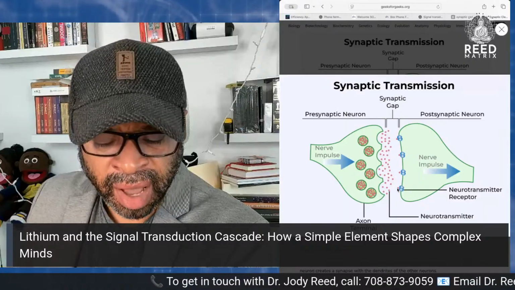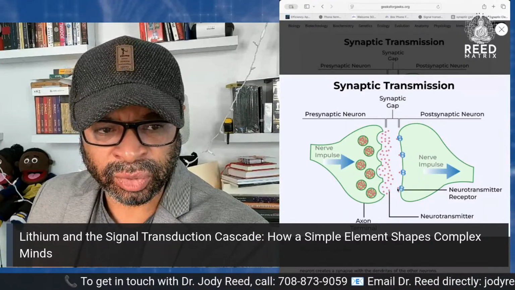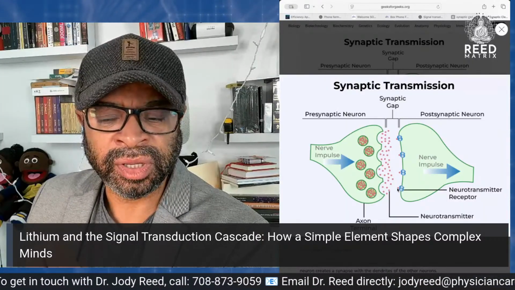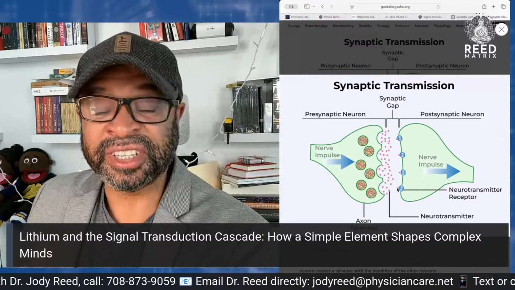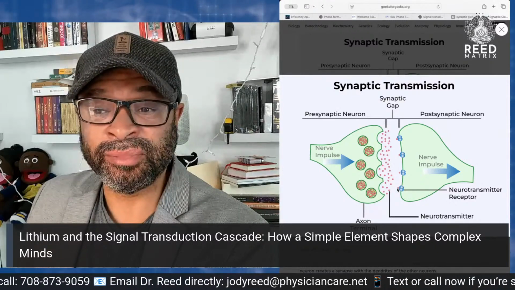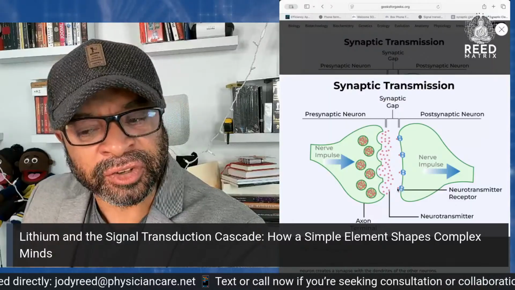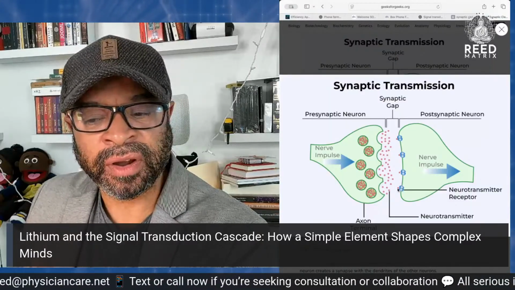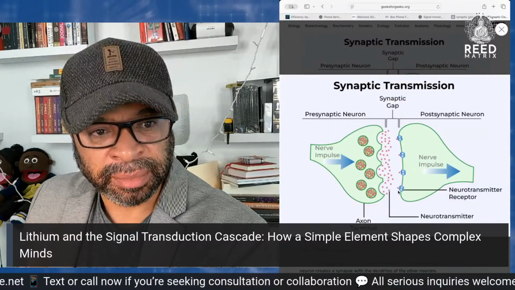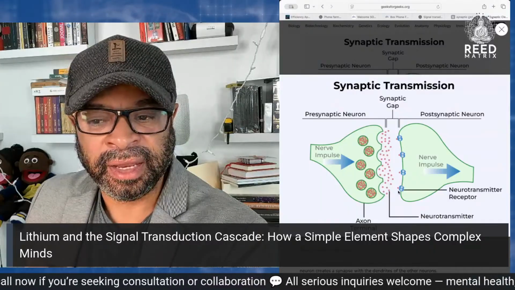So this molecule is binding to the receptor to translate a signal to the cell body to produce more of X, right?